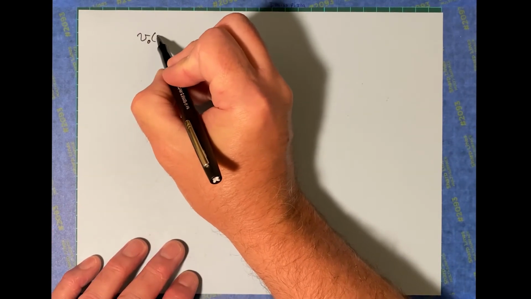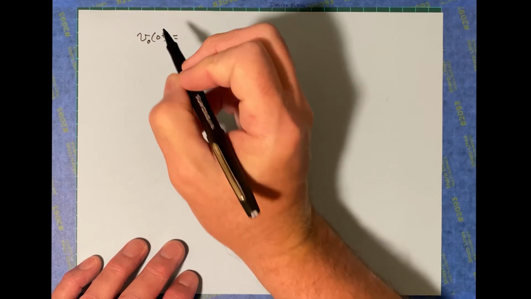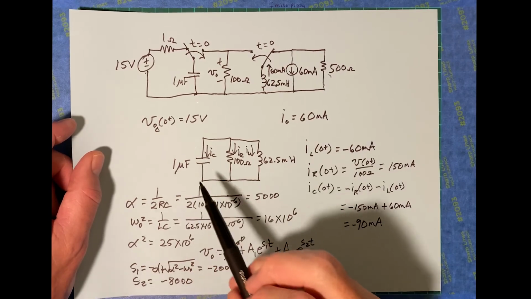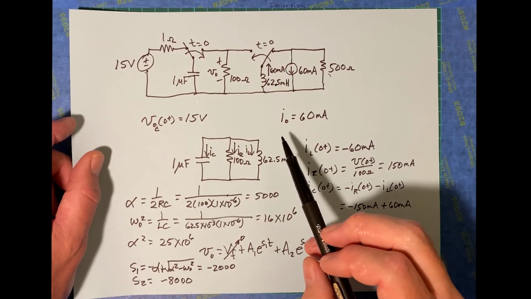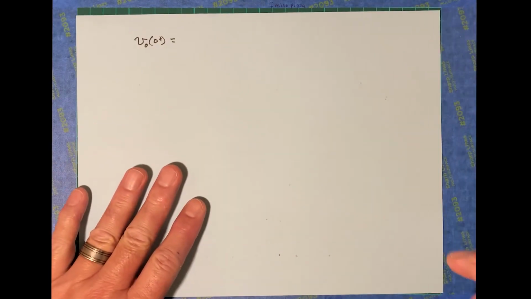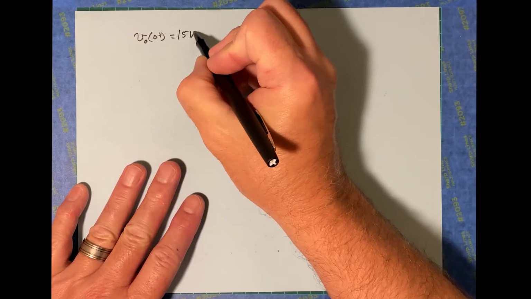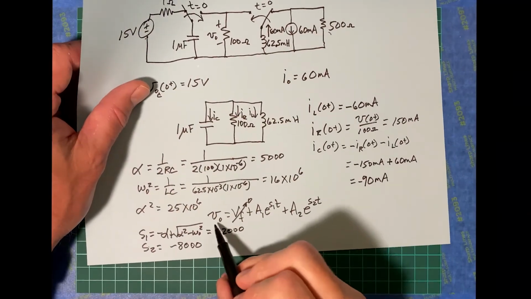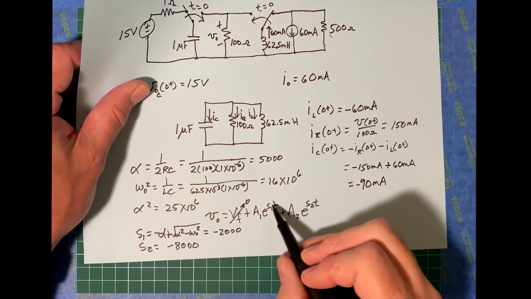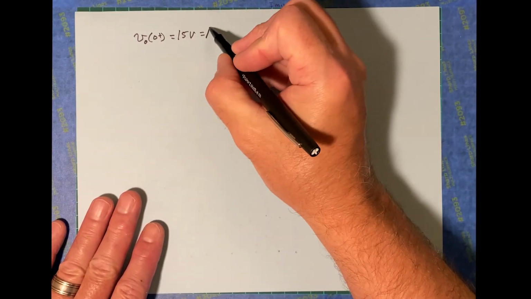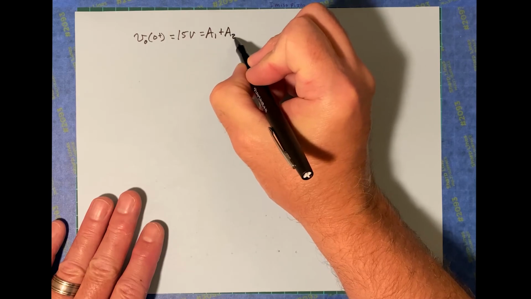V naught at 0 plus, according to our initial conditions here, is 15 volts. Then we evaluate our voltage function at t equals 0. The exponentials go to 1, and we're left with A1 plus A2.